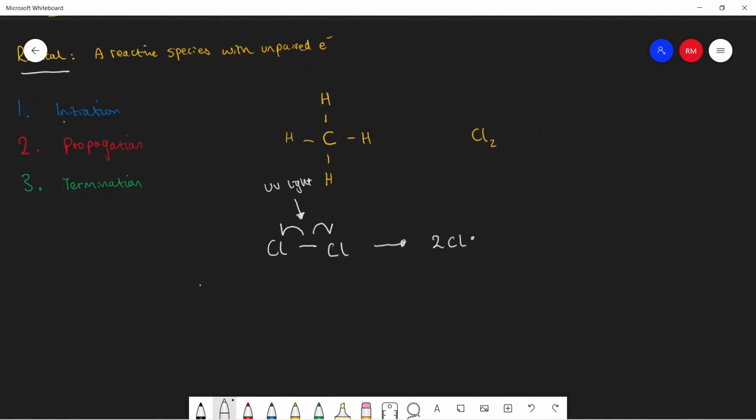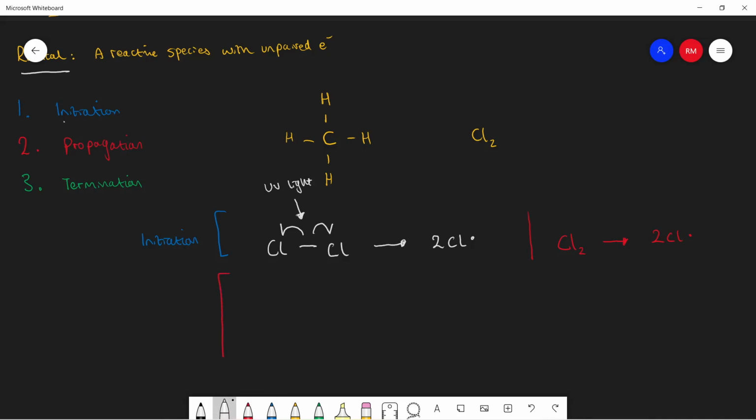I'll show you a simpler version on this side, where we can literally just write Cl2, and that goes to form our two chlorine radicals. This first step is known as our initiation reaction. We're creating the radicals here.